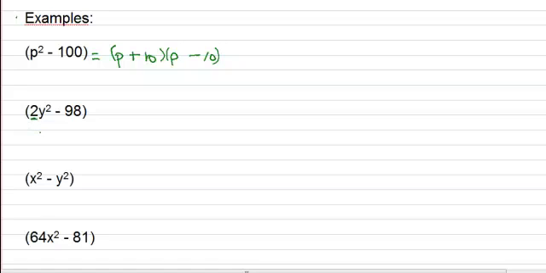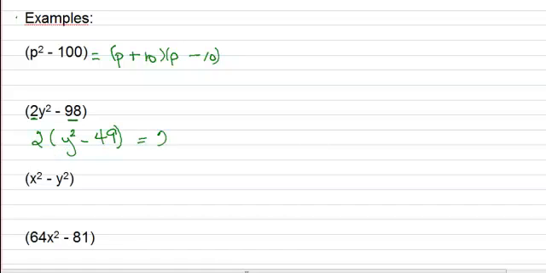And what we have here is we have a coefficient and a constant. And we see that that coefficient is not a perfect square. But what we also need to remember is whenever we look at any factoring problem, the first job is to look for a greatest common factor. And this is a greatest common factor. So 2 is a greatest common factor. When we divide 2 out, we get y squared minus 49. And now we see that what's left in the parentheses is a perfect square. So y squared and 49.